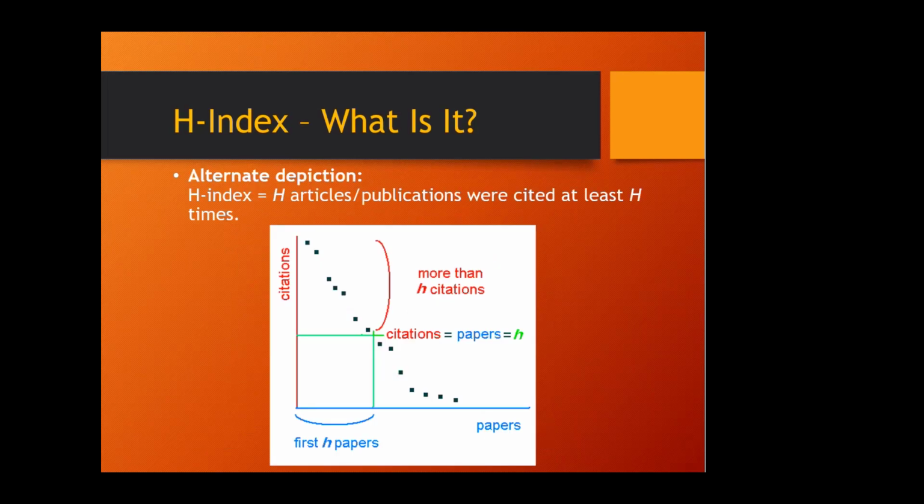Or to put it in other words, a scholar with an index of H has published H papers, each of which has been cited in other papers at least H times. So again, the H-index combines into a single number the number of publications and number of citations received by that author.